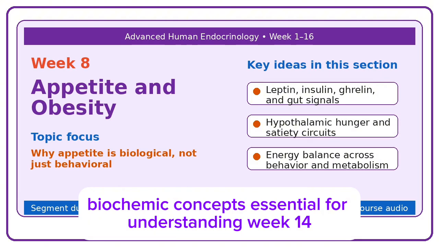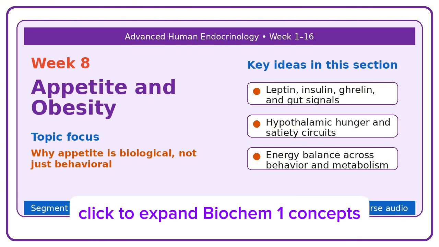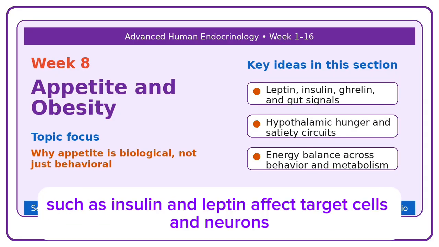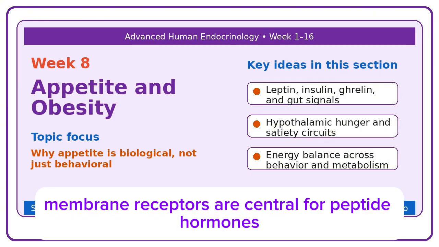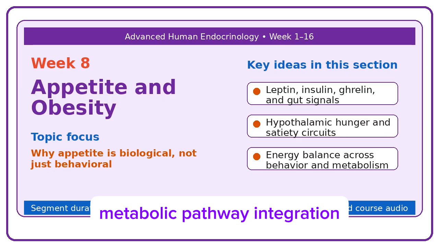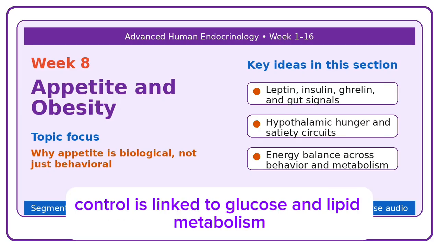Biochemistry concepts, essential for understanding week 14. Click to expand Biochem 1 concepts. Signal transduction explains how hormones such as insulin and leptin affect target cells and neurons. Membrane receptors are central for peptide hormones and many appetite-related signals. Metabolic pathway integration helps explain why appetite control is linked to glucose and lipid metabolism.